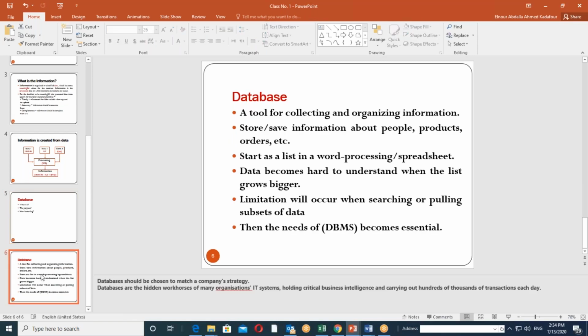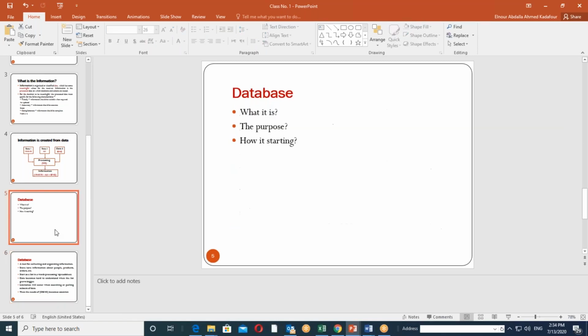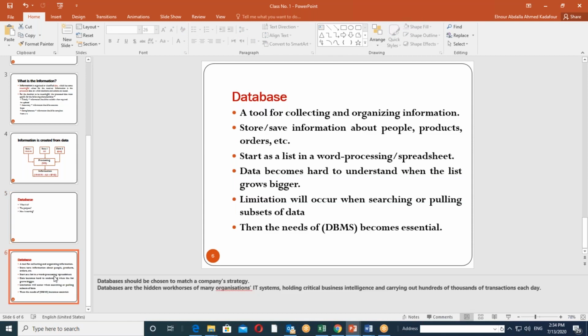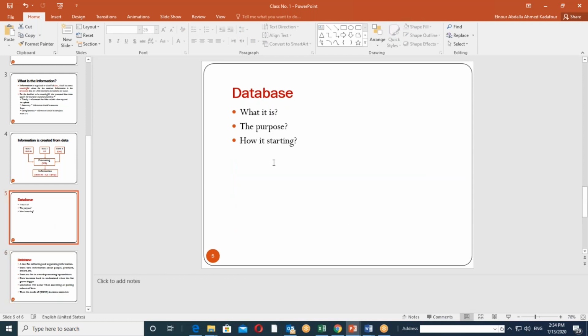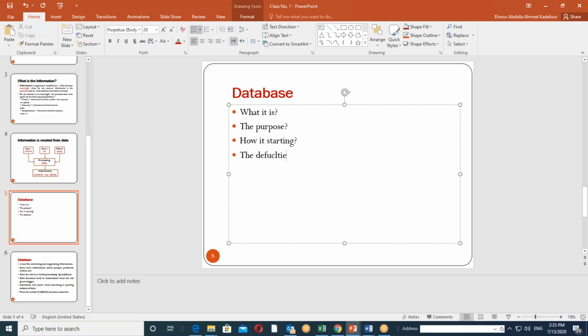Starting as a list. Then the difficulties of the database. The difficulties I can face from this database.